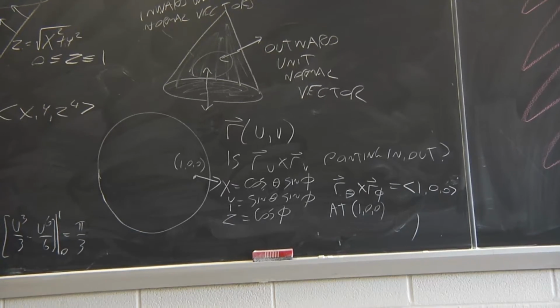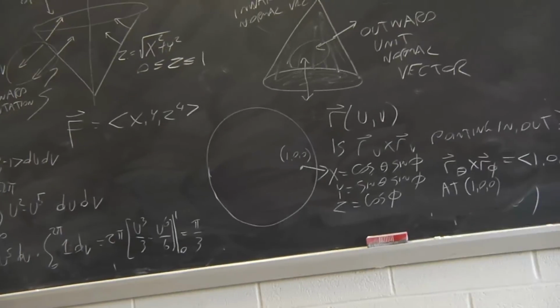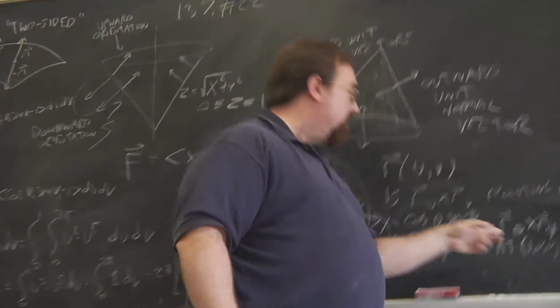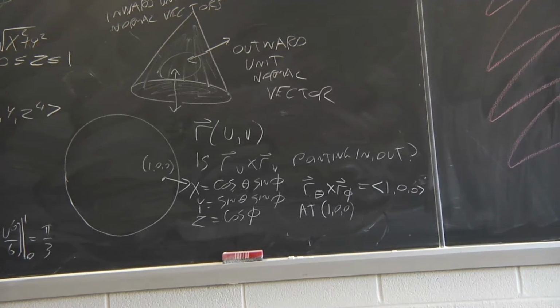In that direction, it's pointing out. So this particular parameterization, computing this normal vector, happens to give you the outward unit normal.